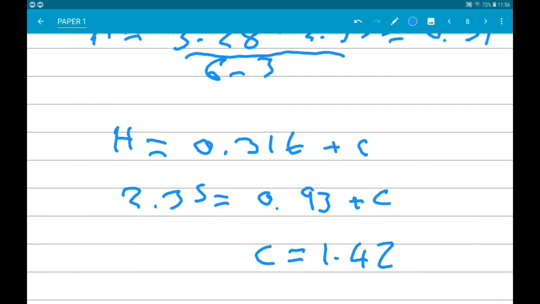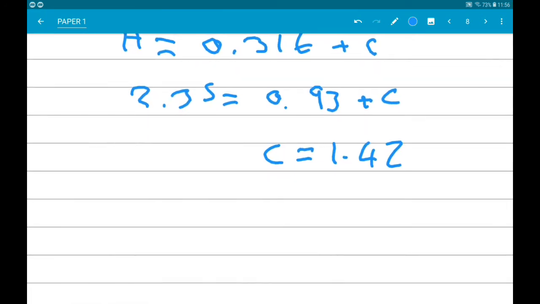So our model is then h is 0.31 t add 1.42.